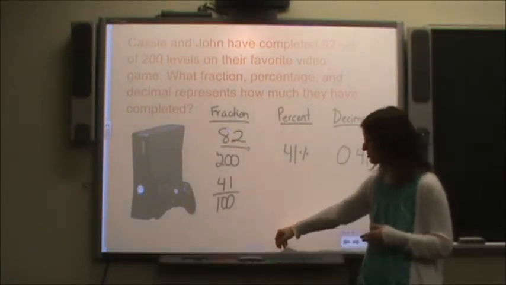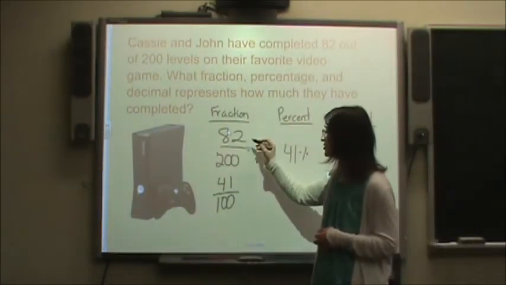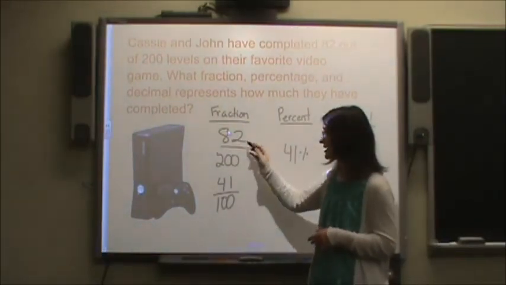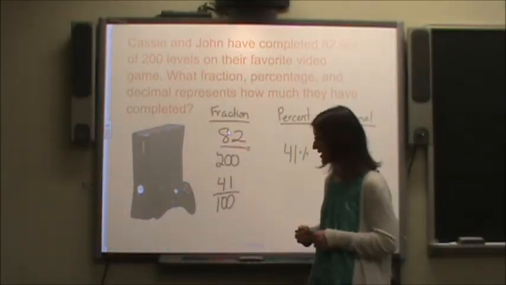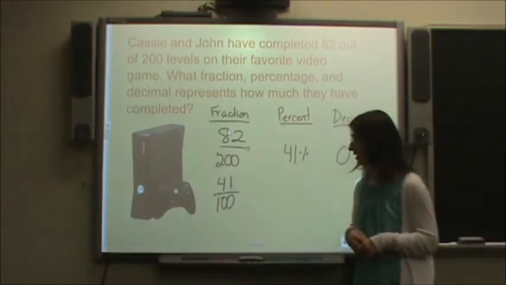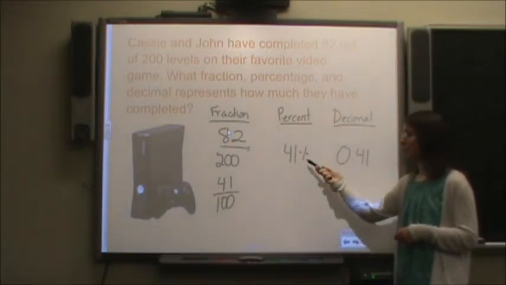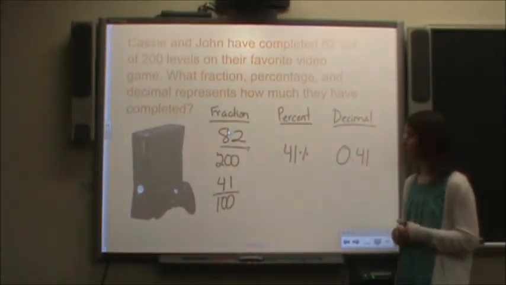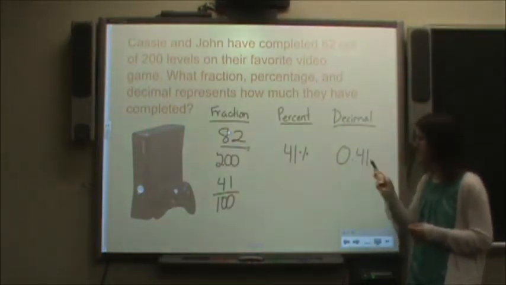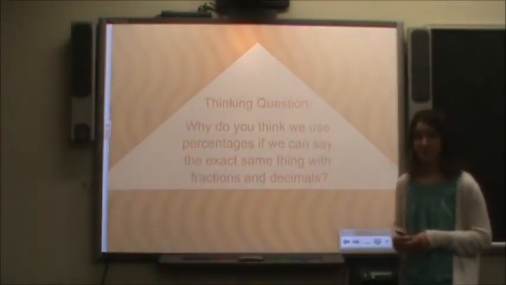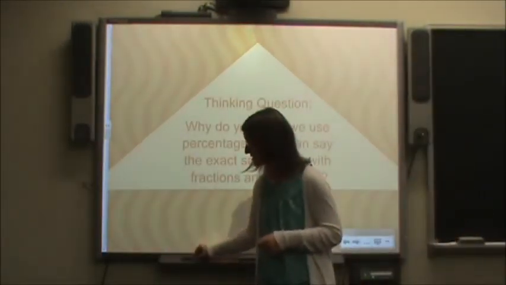So I reduced my fraction by dividing it by 2, because I knew 200 divided by 2 equals 100, and 82 divided by 2 is 41, so I got 41 over 100. Now I can easily convert to a percent, 41%, because that's 41 out of 100, and my decimal is 0 and 41 hundredths.